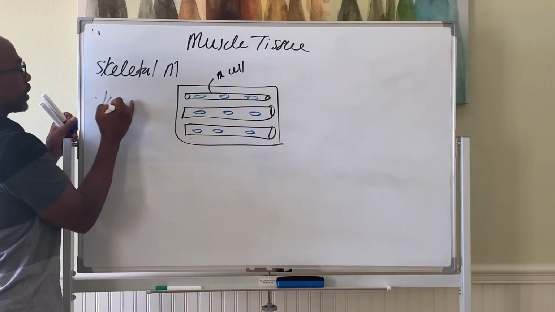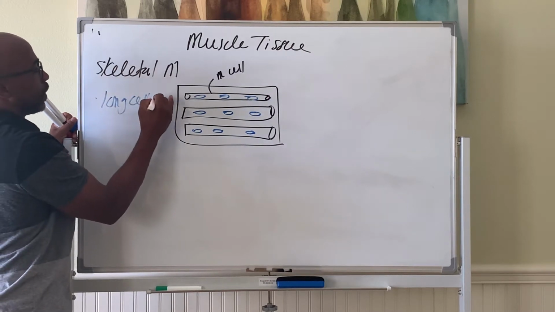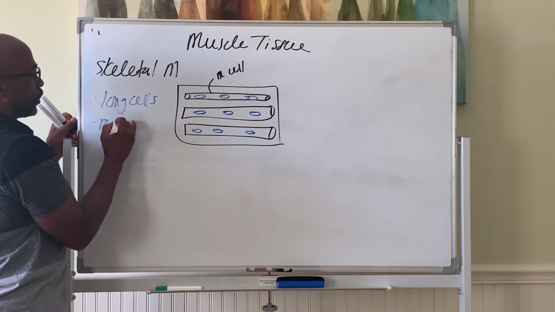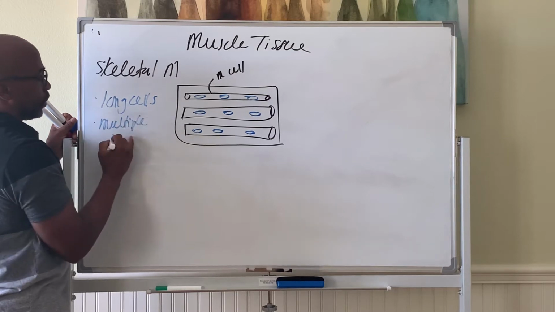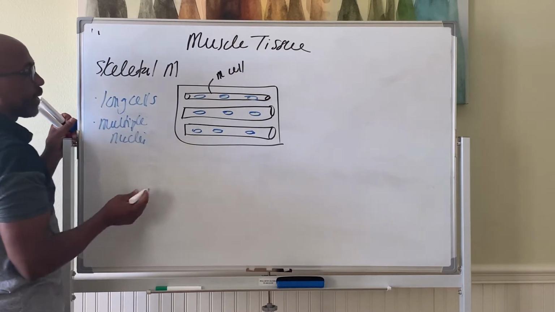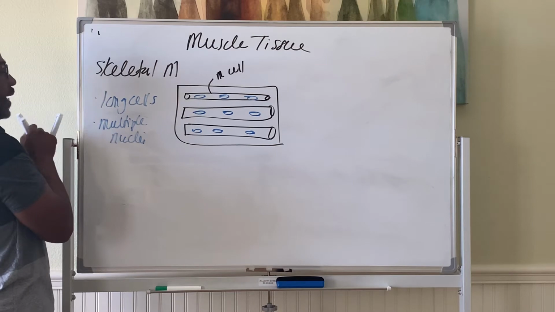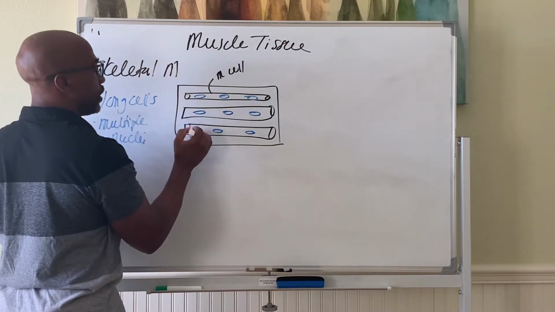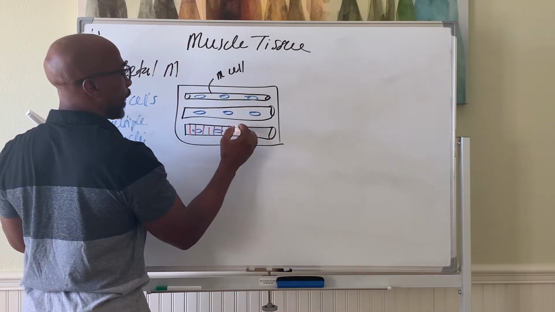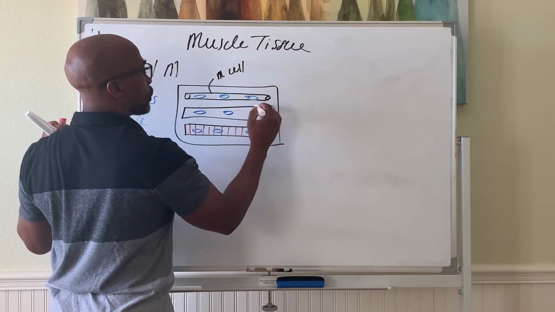So long cells have multiple nuclei, and they're also banded. They have these light and dark stains across them called striations. So they're also striated.